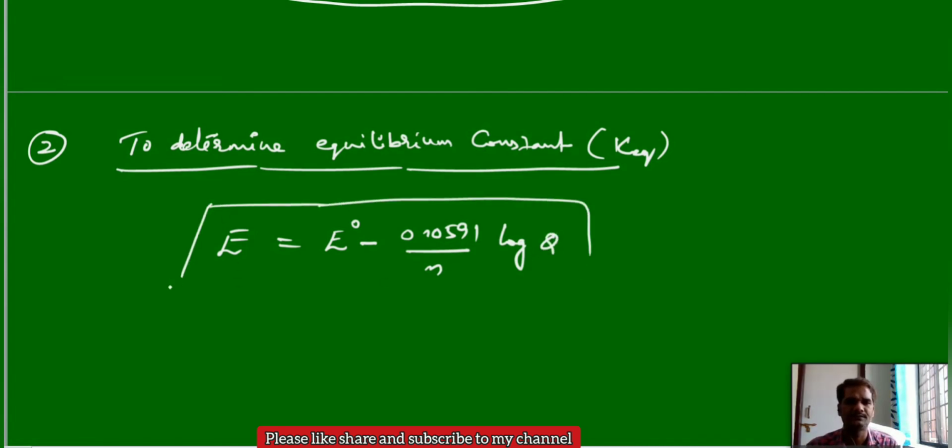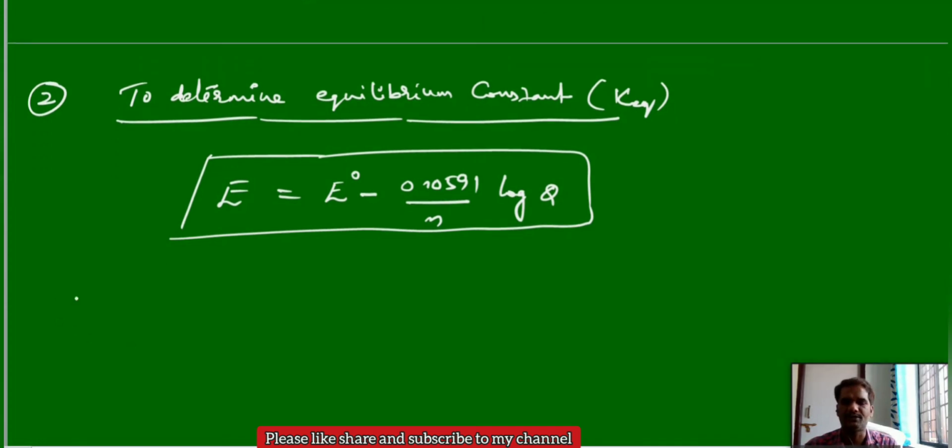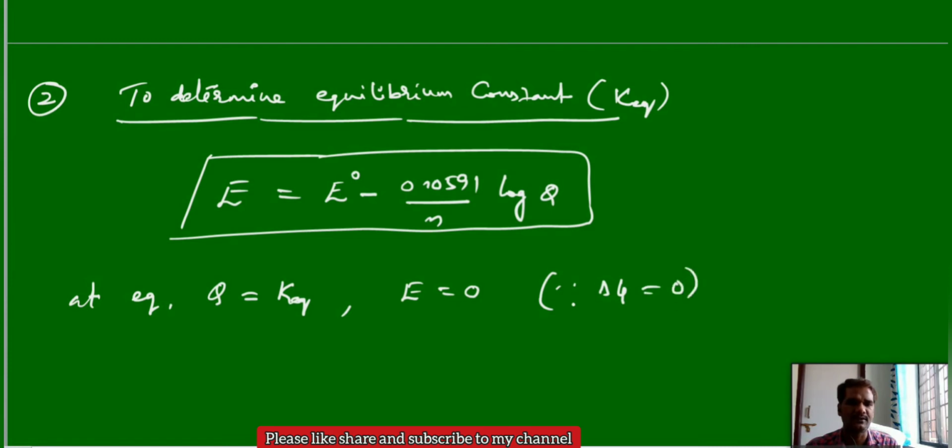But at equilibrium, we know that the reaction quotient Q is equal to the equilibrium constant K, and also at equilibrium, E cell of the reaction is equal to 0. Why? Because delta G is equal to 0 at equilibrium. Delta G equals minus nFE cell, so E cell should also be 0 at equilibrium.